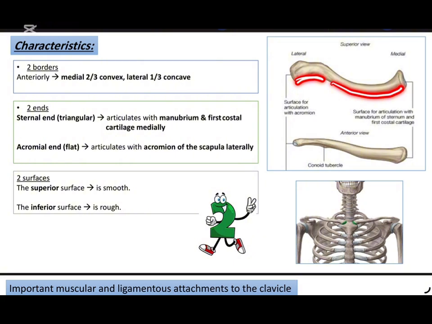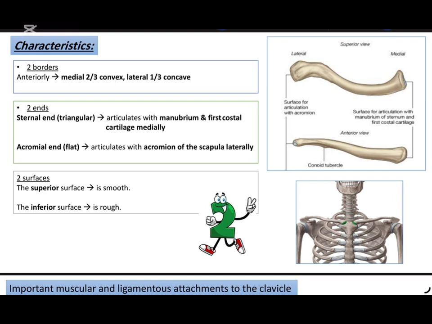So according to this transition here, this bone is an S-shaped bone. Why? Because in its anterior border, the medial 2/3 here is convex, while the lateral 1/3 is concave.